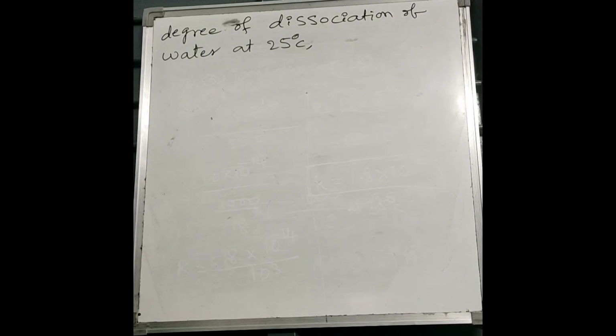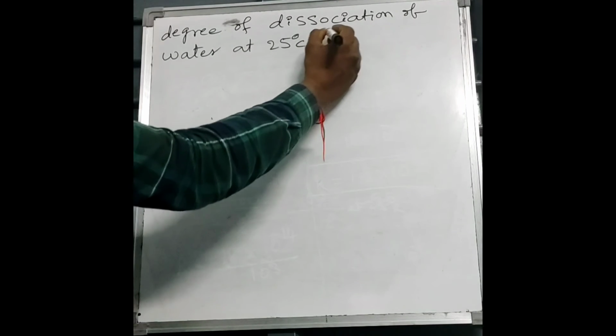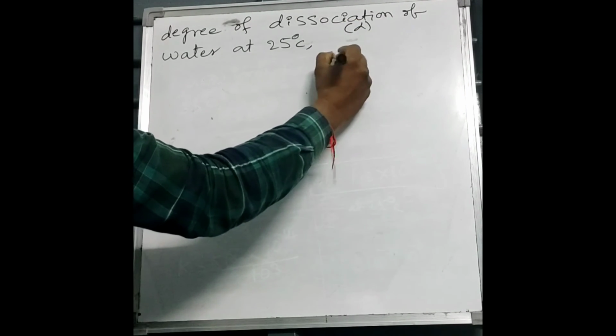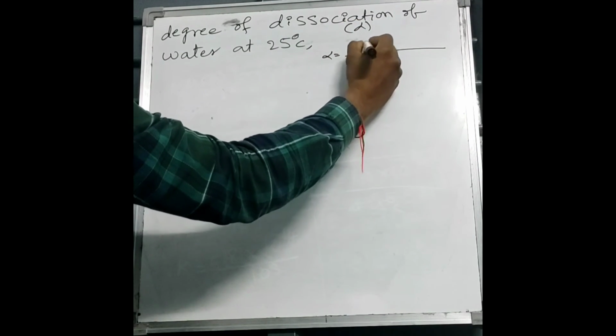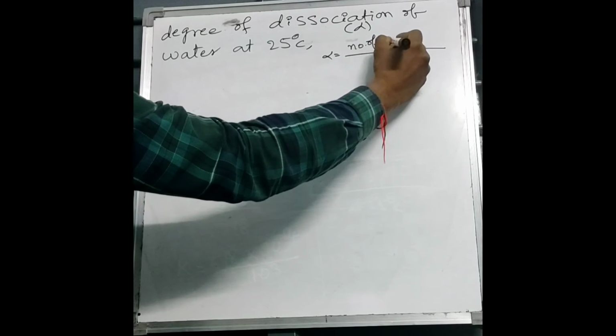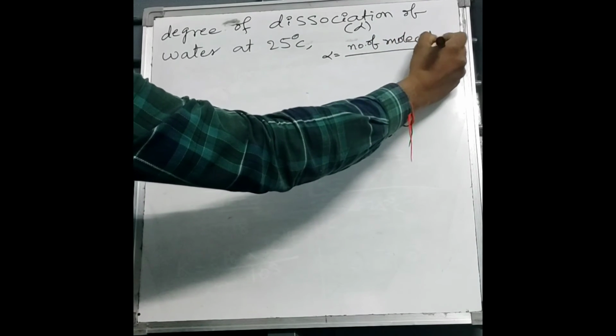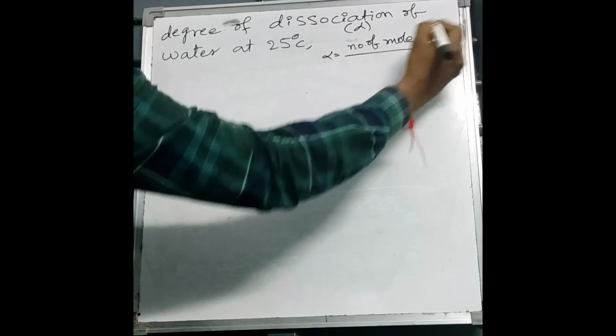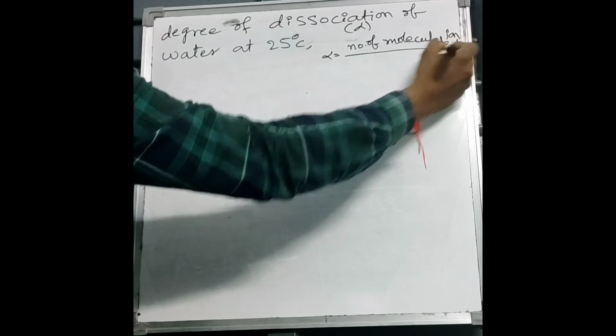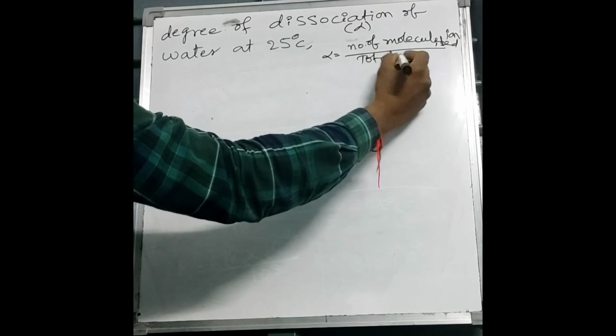What is the meaning of degree of dissociation? Degree of dissociation is the ratio of the number of molecules ionized to the total number of molecules. It can be represented by alpha. Alpha equals the number of molecules ionized by the total number of molecules.